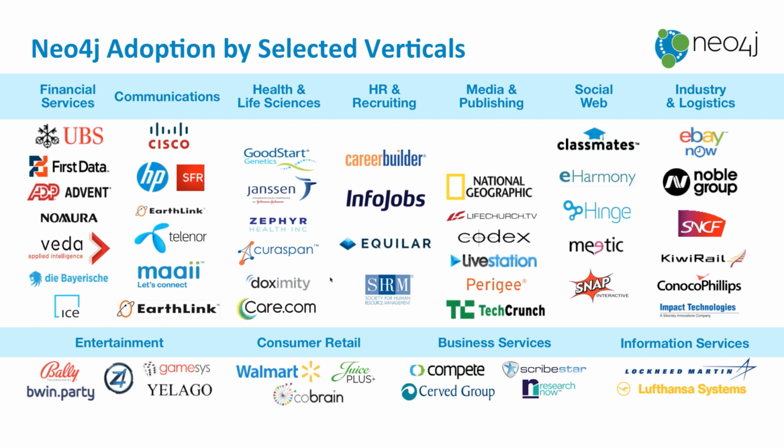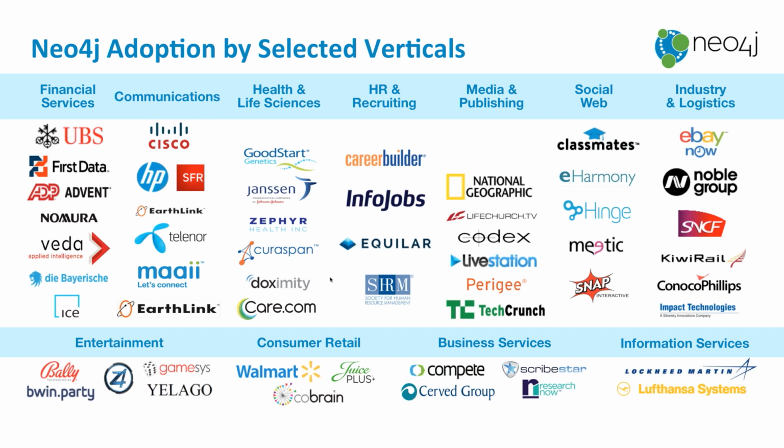A graph model is very helpful for doing that. And then, of course, the social web, as well as industries doing logistics and things like routing of packages and routing of transportation mechanisms and that sort of thing.